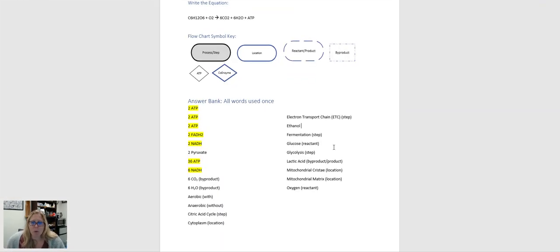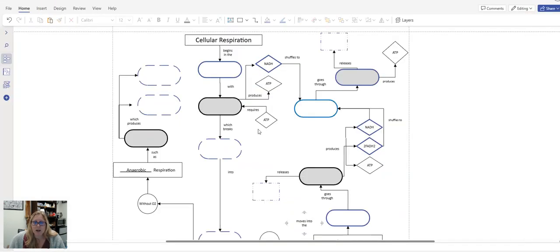If I go back to my word bank here, I know that there's a word that means to break. Lysis means to break, and glyco means sugar. So if this flow chart is that something is getting broken, there's a really good chance that that process is going to be glycolysis. Glycolysis is going to break glucose.